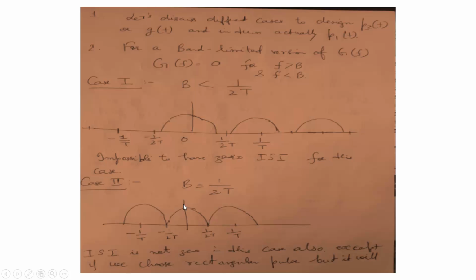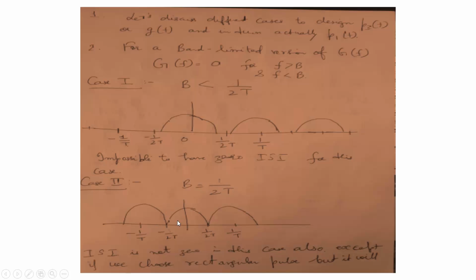Let's look at the second case, when the bandwidth B is equal to 1 over 2T. In that case, this is the bandwidth, this is the band limited version of the spectra of G(f). It is clear that at all the points the sum is not leading to 1.